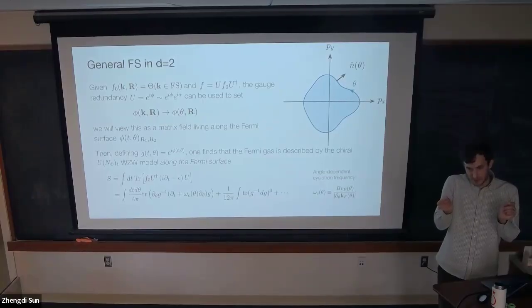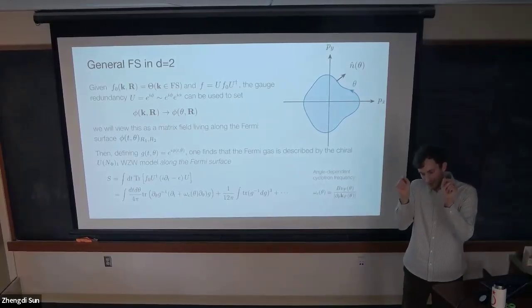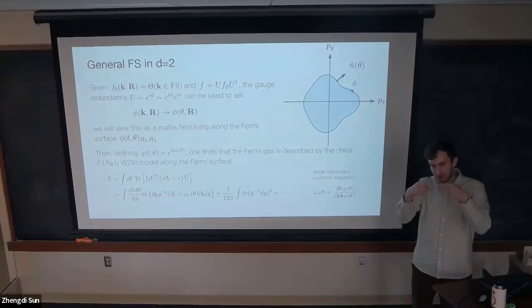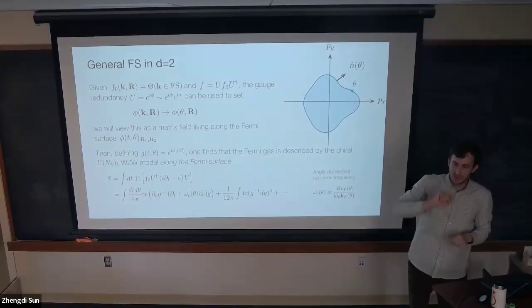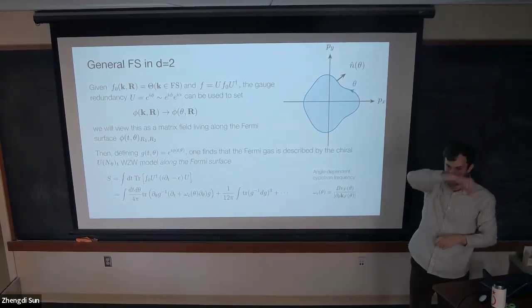The BCS interaction has psi dagger psi, a head-on collision, so it involves two different angles, theta plus pi and theta prime plus pi.